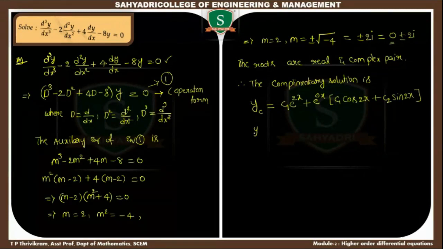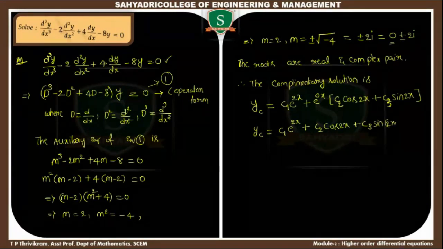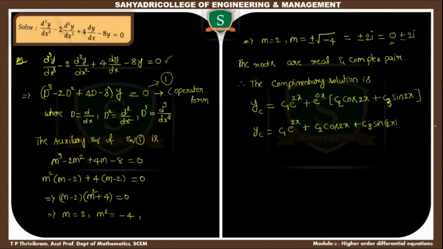Therefore your solution will become c1 e power 2x, plus, since c1 is already used, c2 and c3: e power 0 is 1, so c2 cos 2x plus c3 sin 2x. Fine.